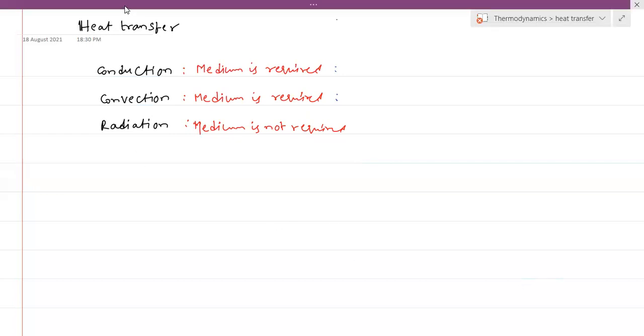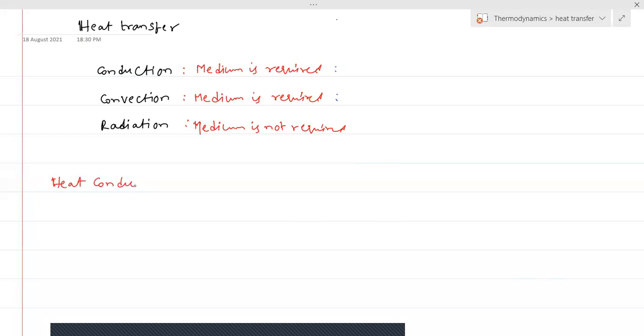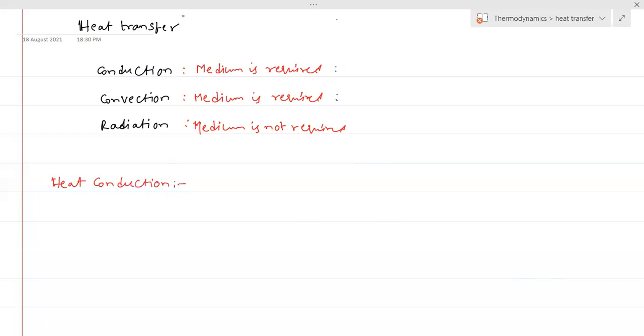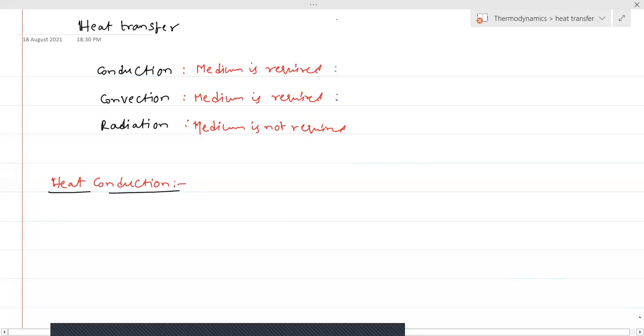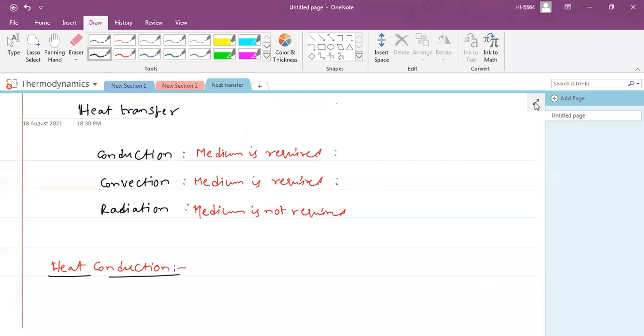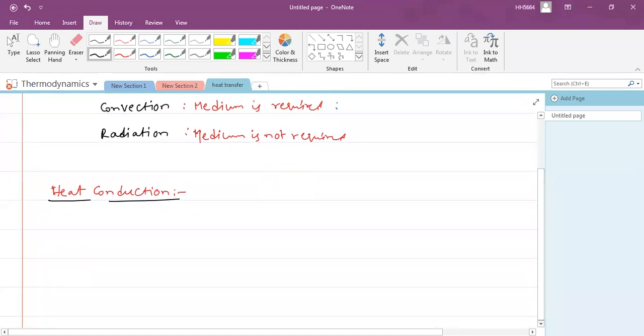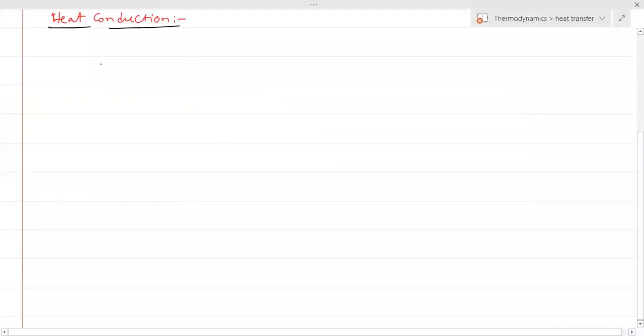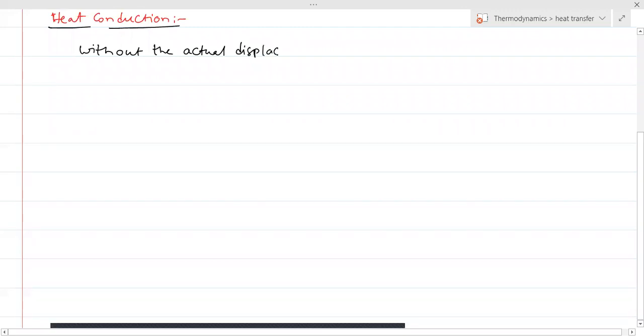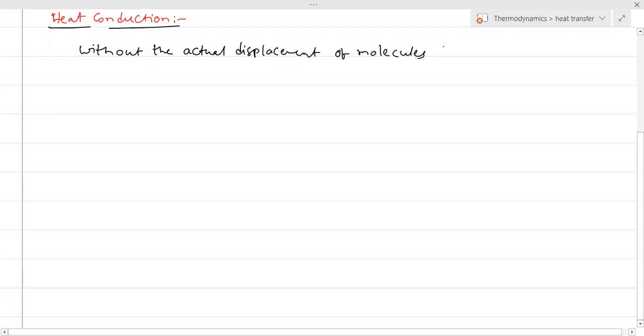First we will discuss heat conduction. Heat conduction is a kind of heat transfer without the actual displacement of molecules.